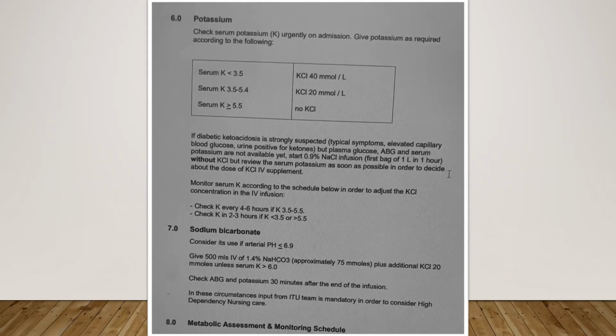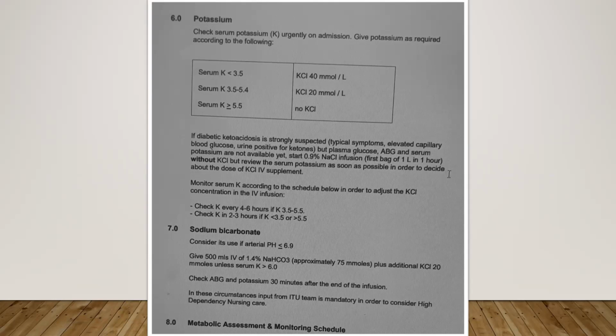If it drops to less than 3.5, give 40 millimoles, but most of the time the patient will stay in the normal range, 3.5 to 5.4, so we will always give, with each liter of saline, 20 millimoles per liter of potassium chloride.